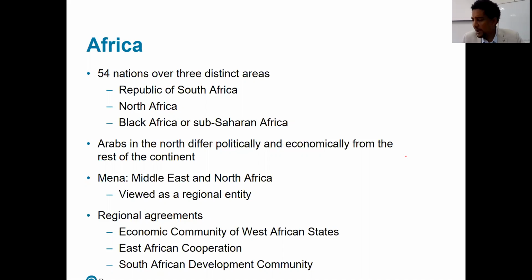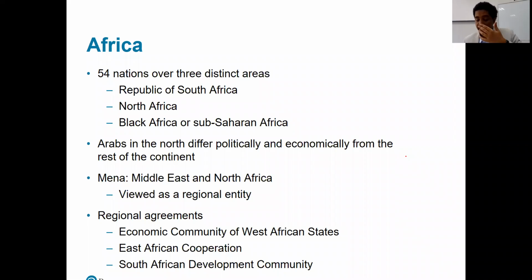So there is MENA, the Middle East and North Africa agreement, which is viewed as a regional entity, and there are regional agreements among these countries. Even recently, the West African countries have signed a free trade agreement.